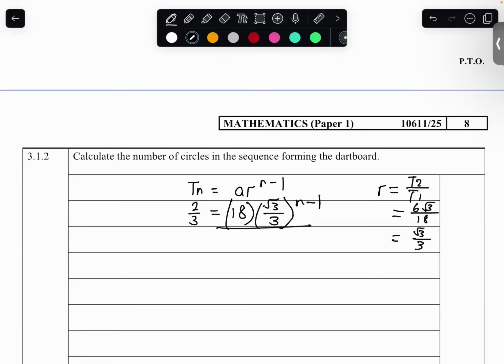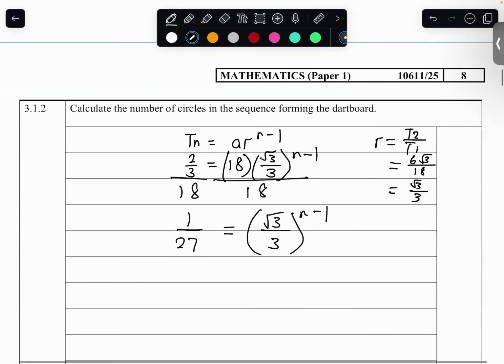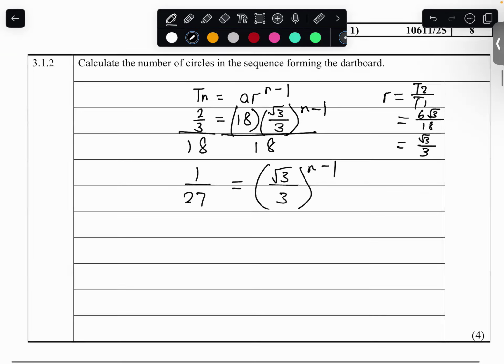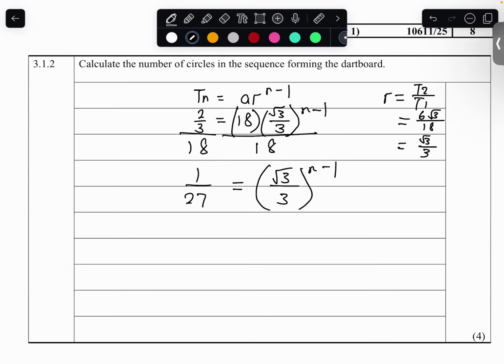So the first thing I'm going to do is divide both sides by 18. That gives me 1 over 27 is equal to root 3 over 3, all to the n minus 1. There are two ways you can do this. You can make your bases the same, or you can use logs. I'm going to use logs because it's easier. So I'm going to add the word log to both sides, and then bring this exponent down to the front.